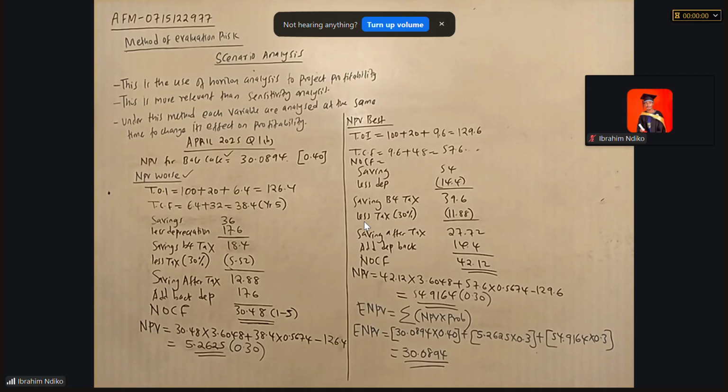So inafaa ikuletee something that is somehow imekaribia the base one. But not necessarily the same. Si lazima ikuwe same, but ikiwa same, very good. But yeah, this one imetupea the same. So that is how you're supposed to do that question.